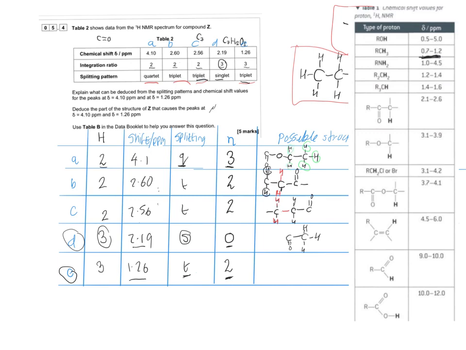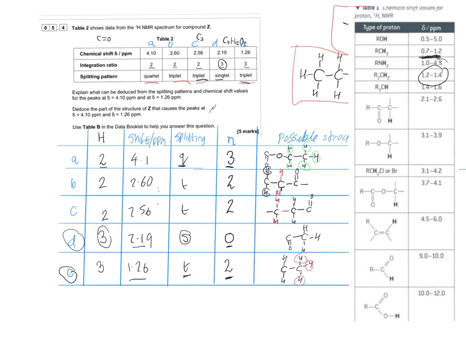So let's now draw that fragment out. So that's a CH3 next to a CH2, and the low chemical shift is something around 1.2 to 1.4. So that's these 3 protons here.